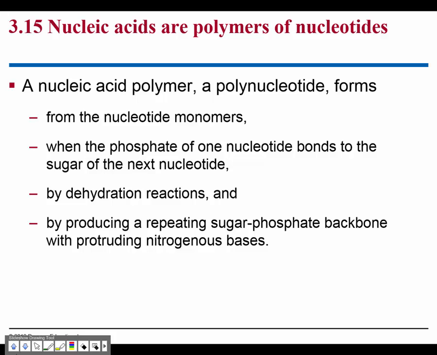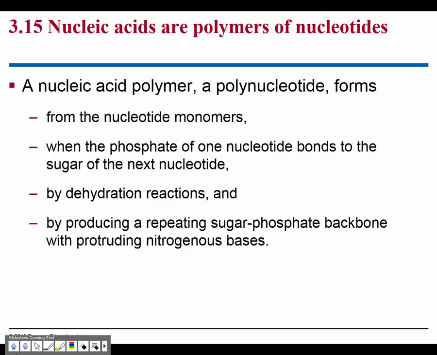And so the nucleic acid polymers. The polynucleotide forms from the nucleotide monomers, so from the single to the multiple. They bind together through dehydration reactions, and that creates the repeating sugar-phosphate backbone.